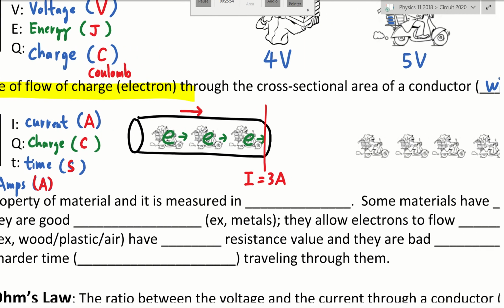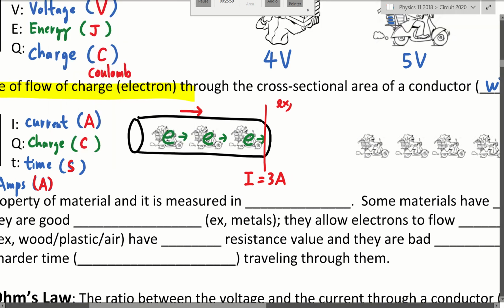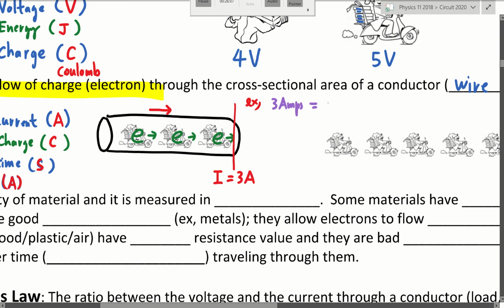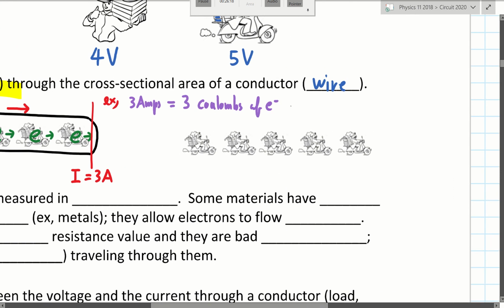Okay, so for example, let's write that down, definition. For example, 3 amps means 3 coulombs of electrons are passing by a point in the circuit every second.